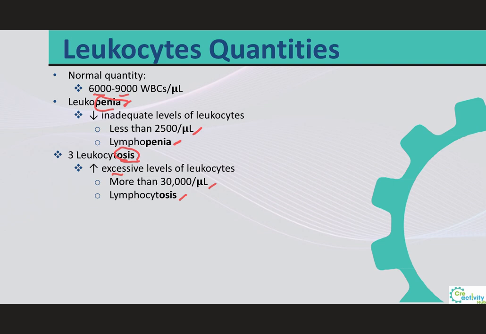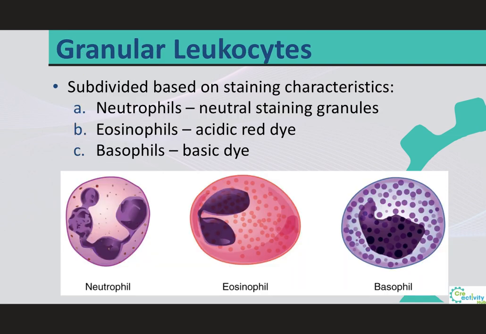Let's move on and talk about the specific granular leukocytes or granulocytes. The granulocytes will be subdivided based on their staining characteristics into neutrophils, eosinophils, and basophils.